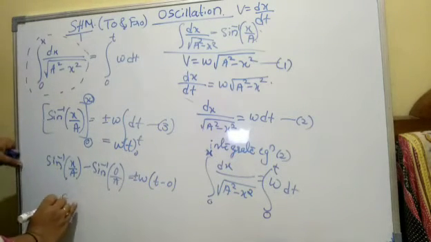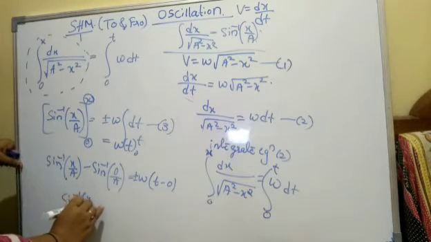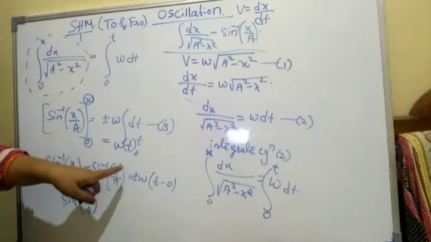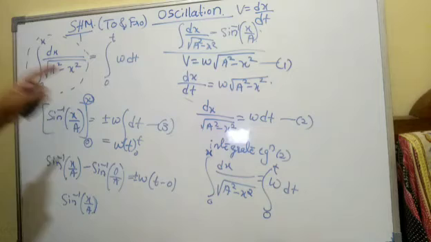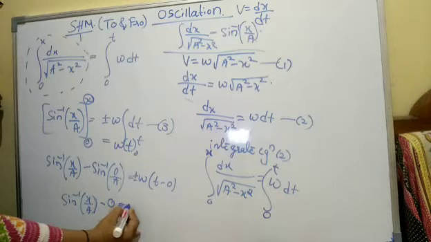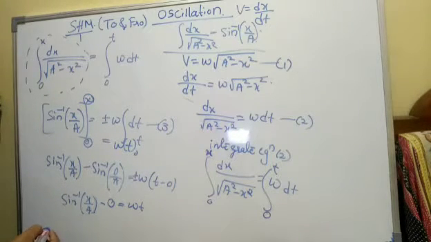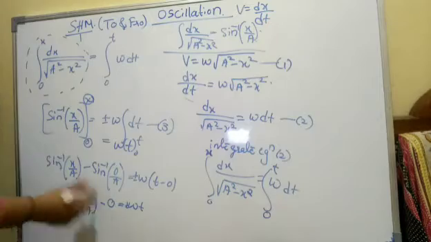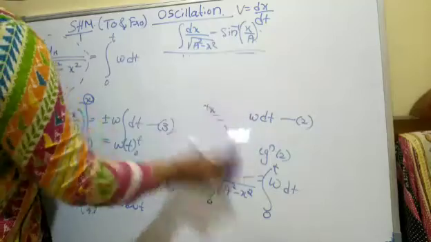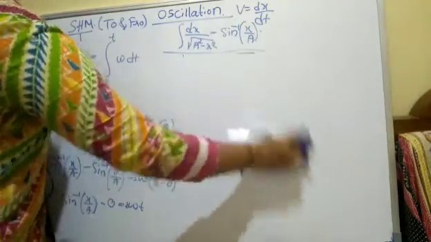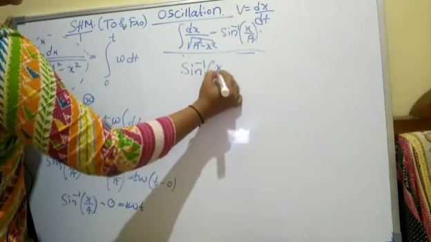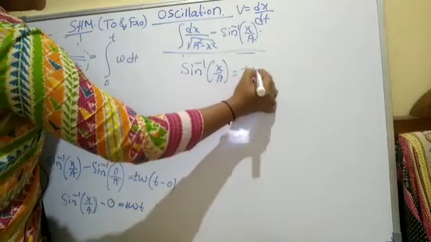That means sine inverse of x by a here. This part, sine inverse of 0 by a, the whole thing sine inverse of 0 will be 0 only. So minus 0, that is omega t here, plus or minus omega t. So what you are getting here, sine inverse of x by a is equal to plus or minus omega t.